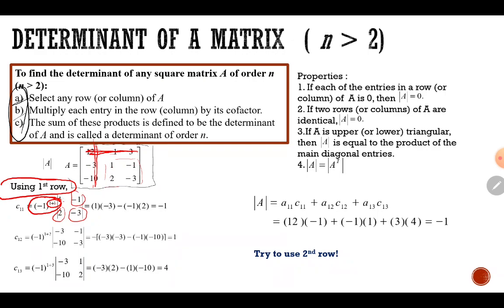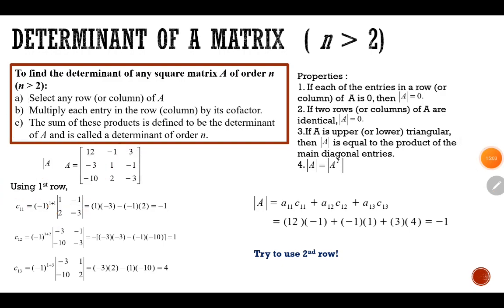Okay, sama dengan 1. So dia akan jadi positif kat situ. Then macam ni sebab dia tinggal dah only 4 entry, you darab silang macam tadi. So maknanya 1 darab dengan negatif 3 tolak dengan negatif 1 darab dengan 2. So dapatlah negatif 1. Faham tak? Okay.